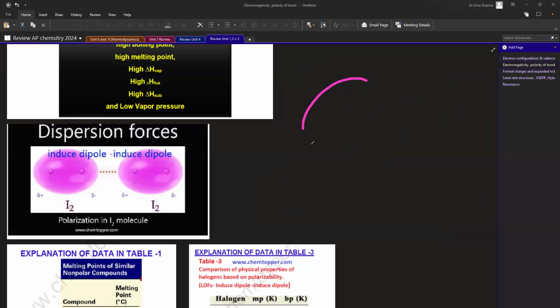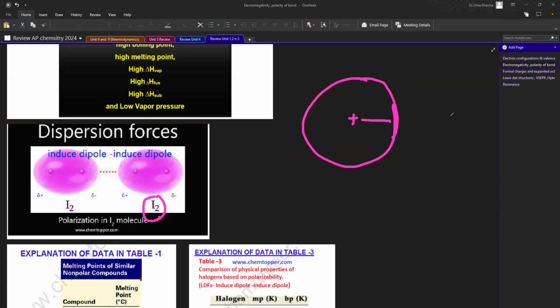Because if a molecule is big, like iodine, which is a very big molecule in the fifth period, its outermost shell is 5s5p, a very big outermost shell. Orbitals are big, so the electrons of the outermost shell are away from the nucleus, and the force of attraction on these electrons is very less.